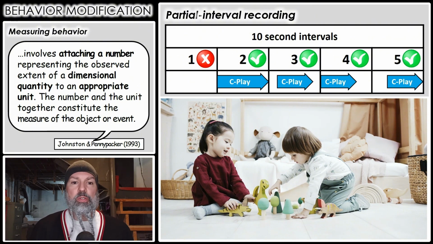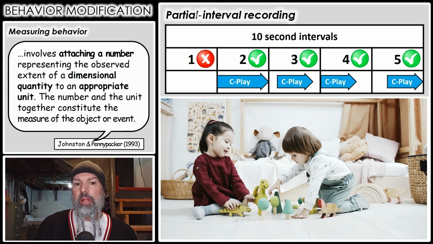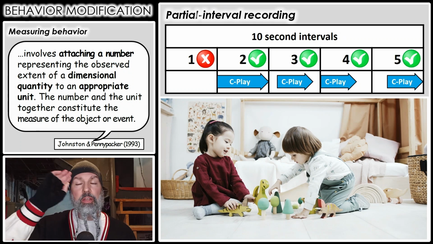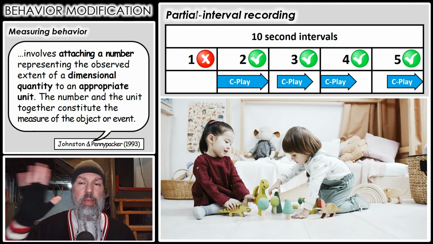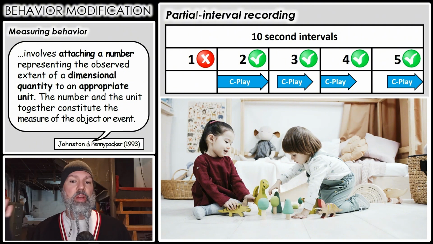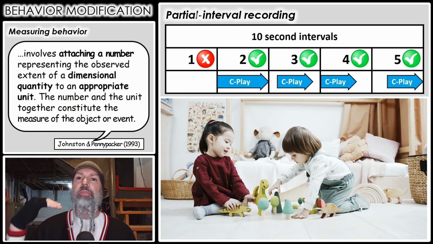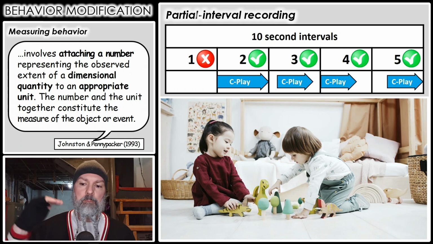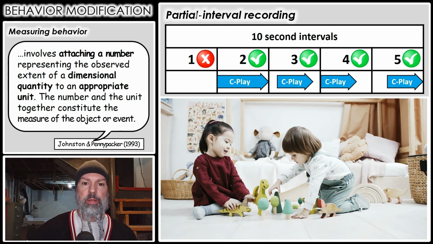You can measure all those 3 behaviors with partial interval recording, because as soon as a behavior occurs, you can tick it off on that interval and you no longer have to pay attention for that behavior, and you can divert your attention to another behavior. So one of the advantages of partial interval recording is that it's possible to record multiple behaviors concurrently.